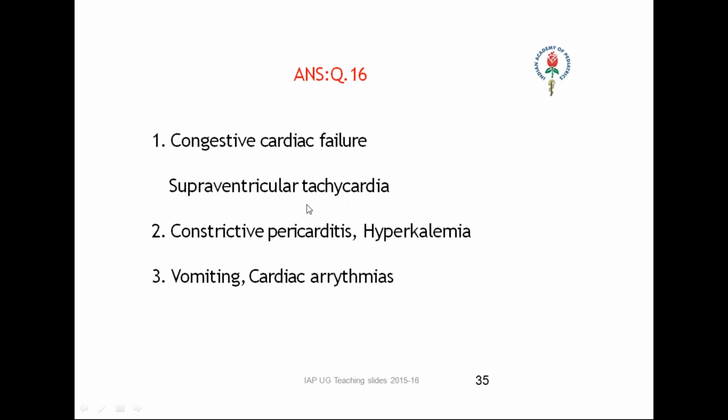I already told you it is used in these. It causes vomiting and cardiac arrhythmias. This is also one of the inotropic drugs, but because of its narrow therapeutic index, we are not using it routinely.